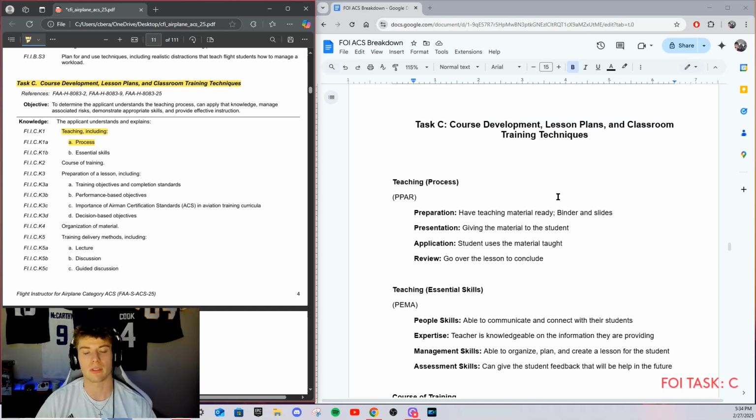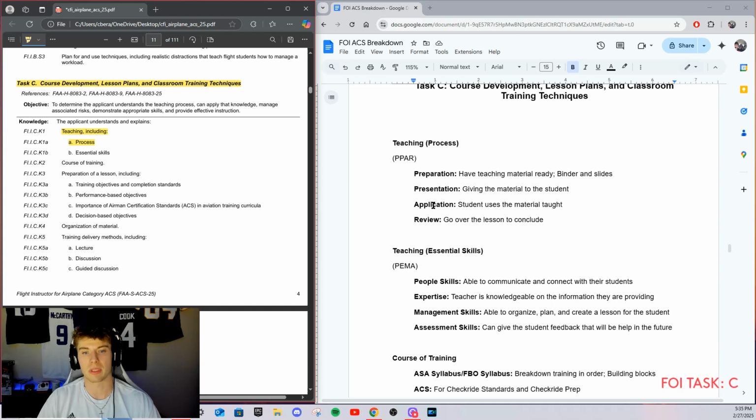If you're not coming prepared or with an idea of what you're going to do that day, they can sense that you're not prepared. And then presentation, so giving that material to the student, whether it's in a slideshow or you're showing them during the flight or whatever it is. It's just how you're presenting it to them.